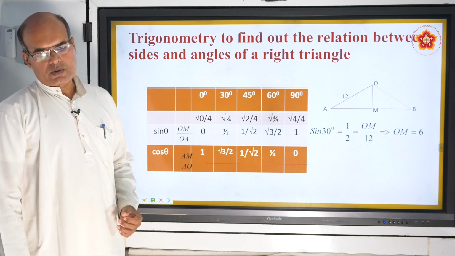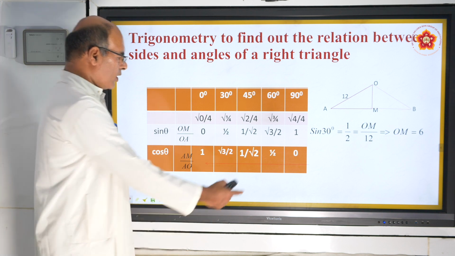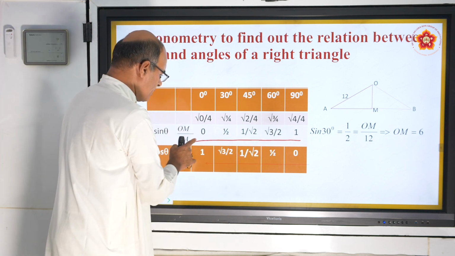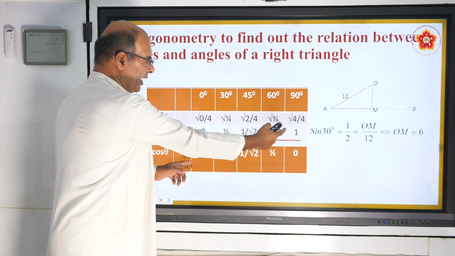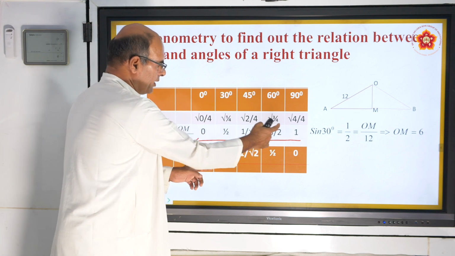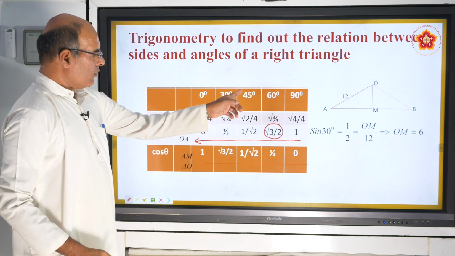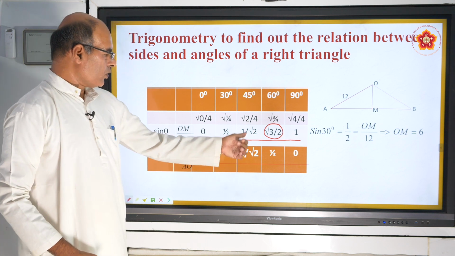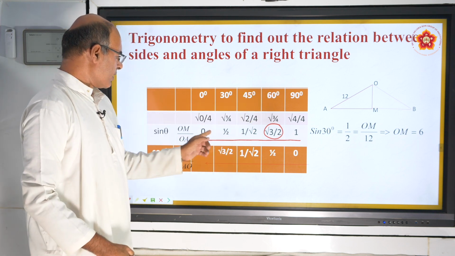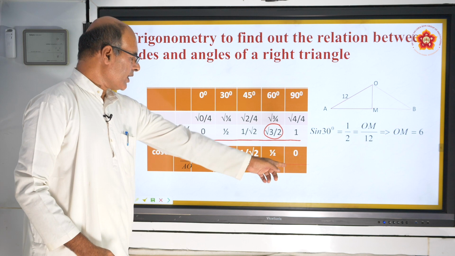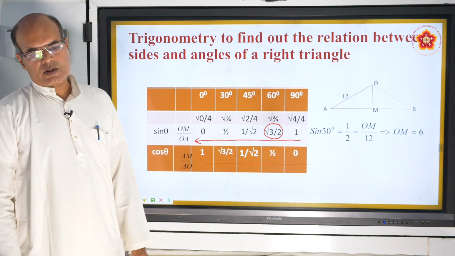The cos theta values are these values in the reverse order. For 0 degree take this 1, for 30 degree take root 3 by 2, for 45 degree 1 by root 2 same, for 60 degree the next value half, for 90 degree it is 0. These are the cos theta values.